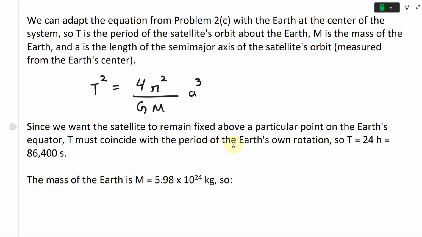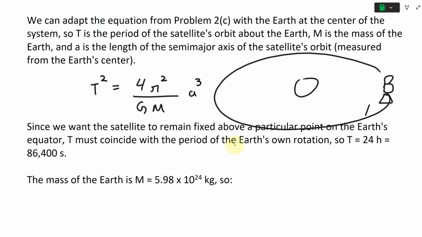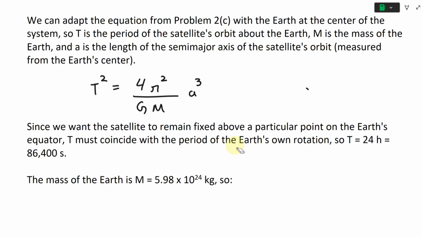If you have the Earth right here and you have the satellite, this has to go around in the same amount of time as Earth's rotating, so that these have to be equal. So that if you're on here, as Earth's rotates, you're always looking at this, so it looks stationary. That's quite fascinating.